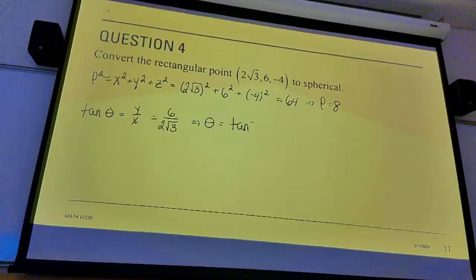What quadrant should theta be in? First quadrant. So theta would be between what angles? 0 and pi over 2. Is that what this inverse tangent gives us? So that gives an angle between 0 and pi over 2.